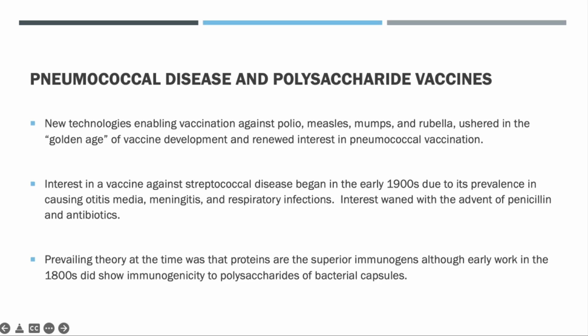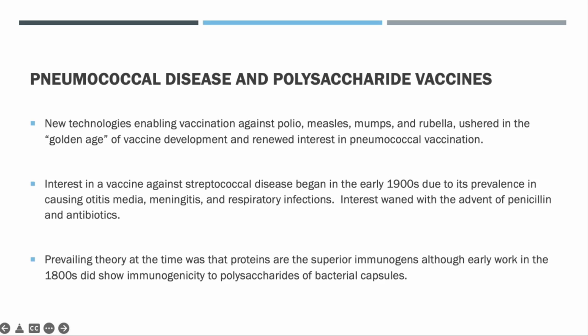The interest in a vaccine against streptococcal disease started earlier in the 1900s, due to the association with otitis media, meningitis, respiratory infections from streptococcus pneumoniae. But interest, of course, waned with the advent of penicillin and antibiotics.